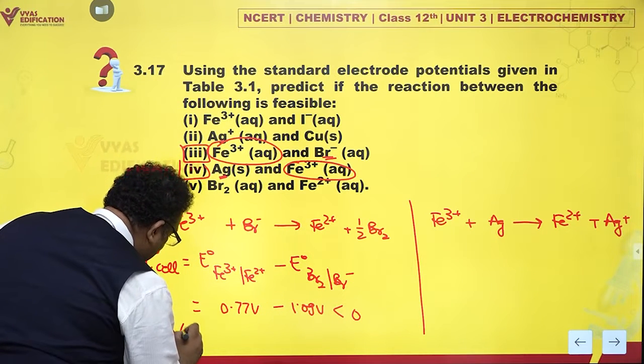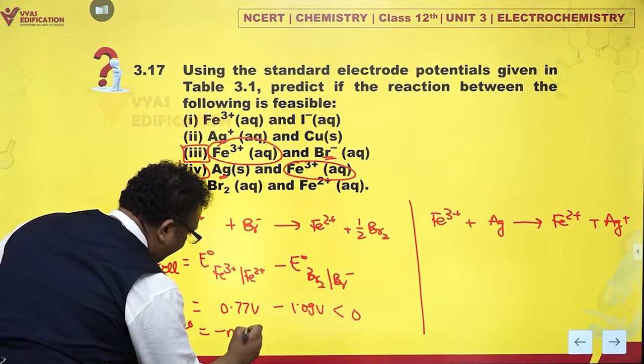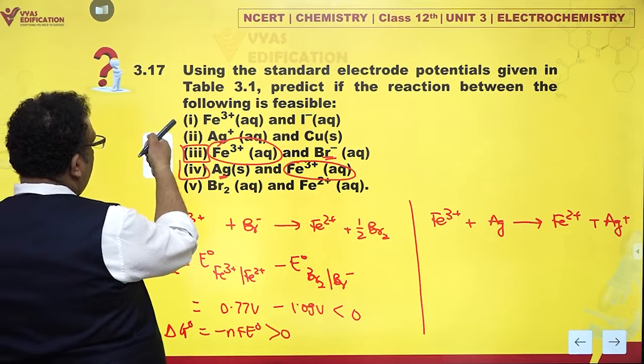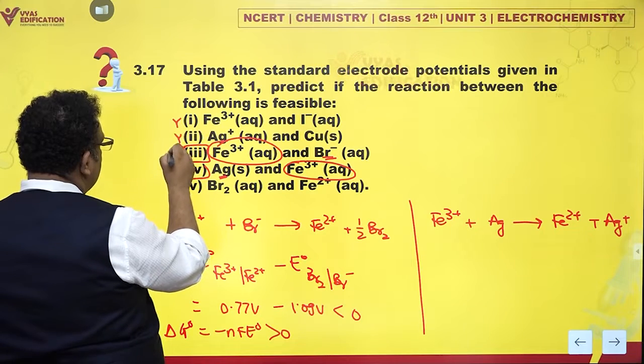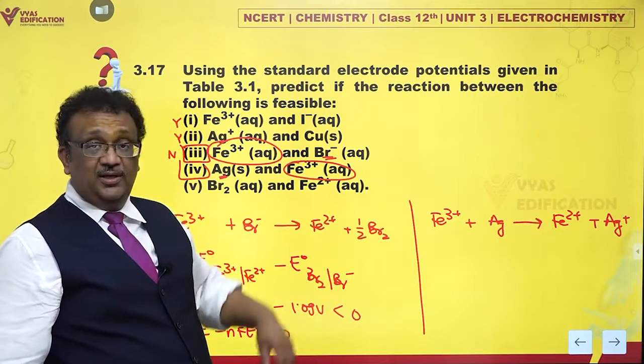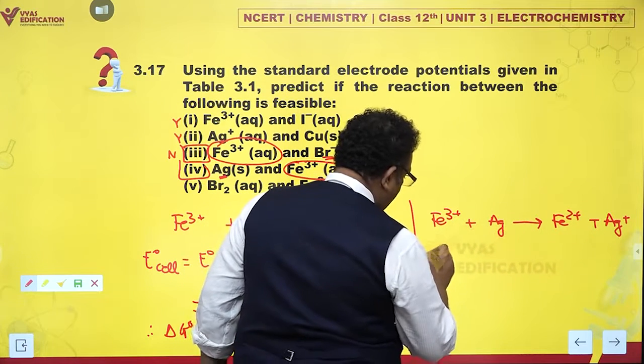Therefore, delta G0, which is minus nFE0, is positive. That means this is not feasible. So this was yes, this was yes, this is a no. What about the fourth one? Very similar.